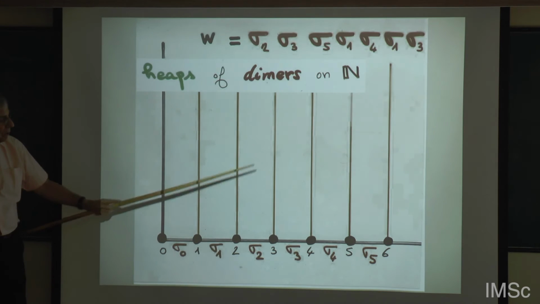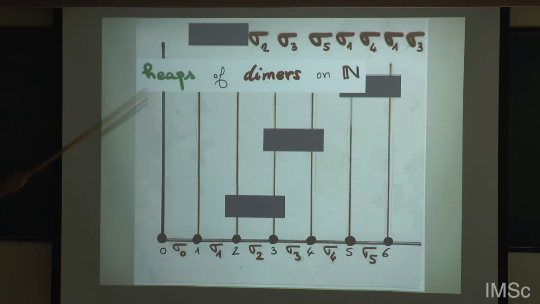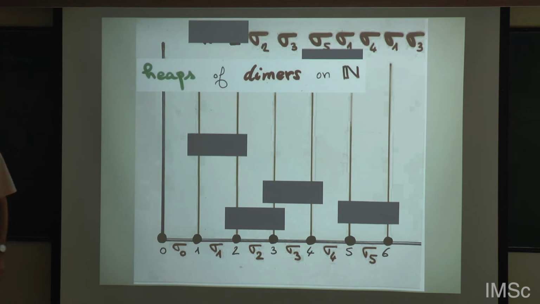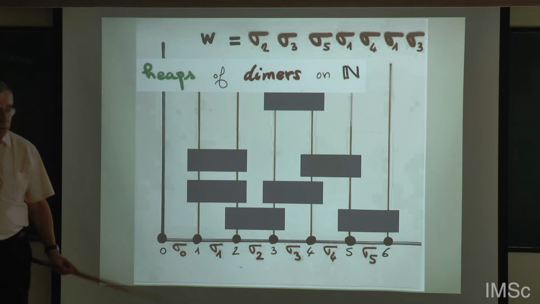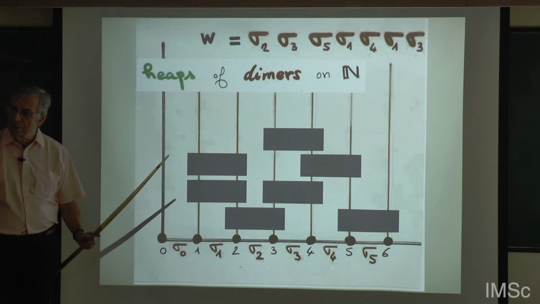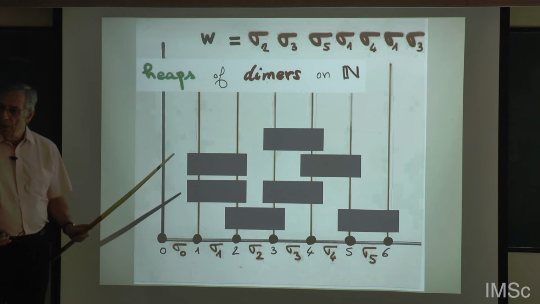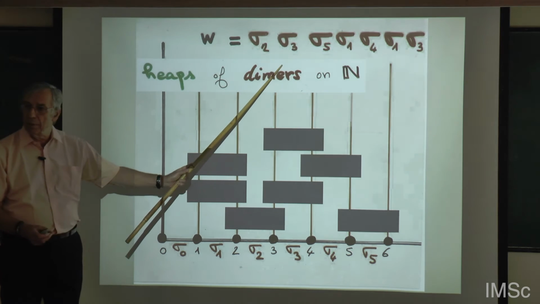And this picture, I repeat again: for a word, you give a certain heap, but maybe two different words are going to give the same heap. And two different words giving the same heap will be exactly obtained by commuting some consecutive variables.